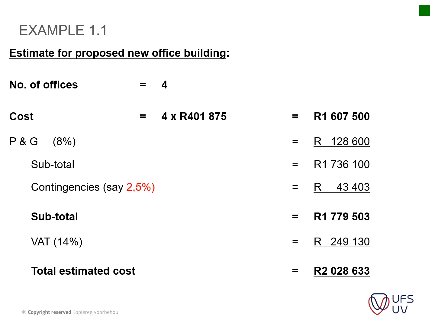All that you do is take the offices of your new building. We've got 4 new offices in our new building. So we take our number of offices times our unit rate, to get our new estimated cost before P's and G's and VAT.